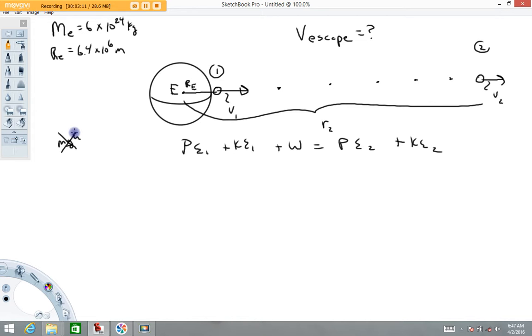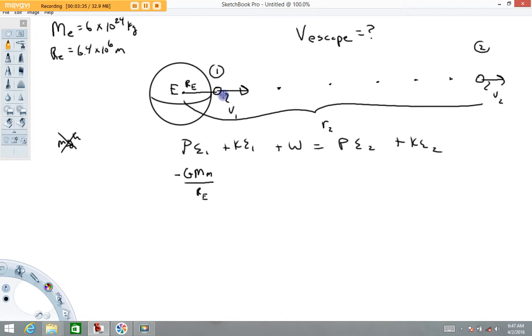So we're going to use the more general form of potential energy, which is minus G, big M, little m over r. Now at position 1, the r, measured from the center of the Earth to this object, is equal to the radius of the Earth. So this goes in place of the mgh terms when gravity is not constant.